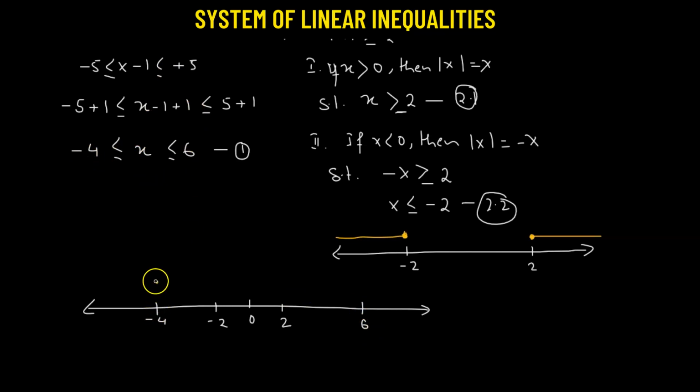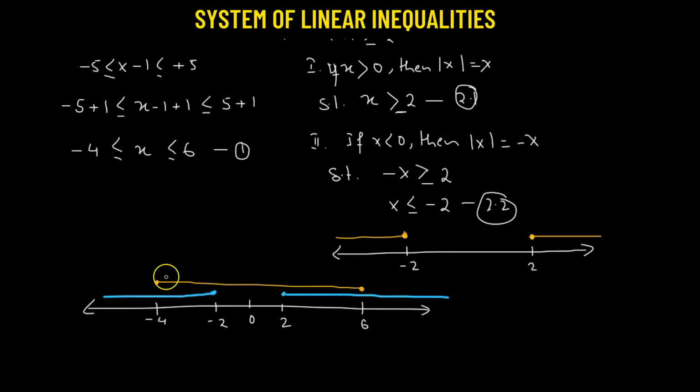So this is the region. So we have all the values of x lying between negative 4 and positive 6. Then from number 2.1, we have all the values of x which are greater than or equal to 2. And then we have x less than or equal to negative 2. That means we'll consider all the values of x which are less than negative 2.